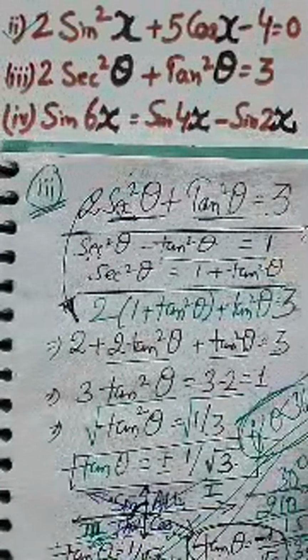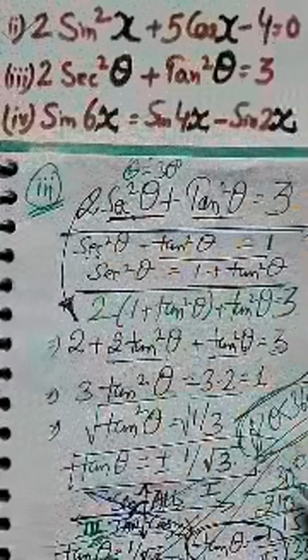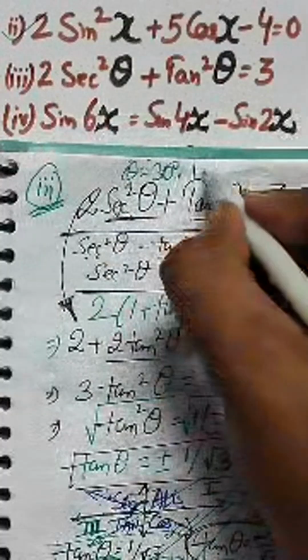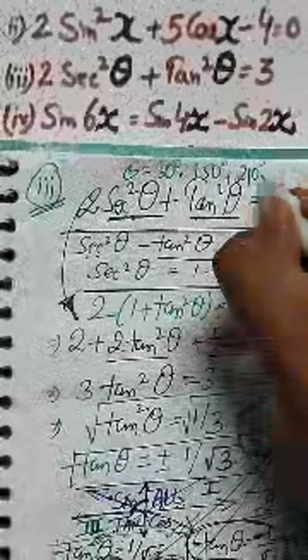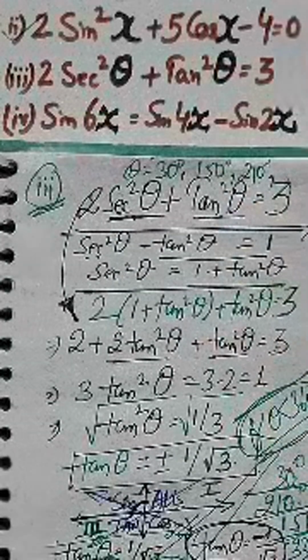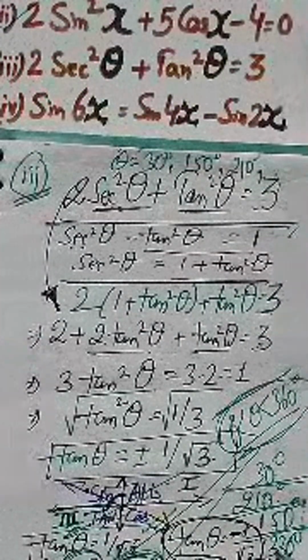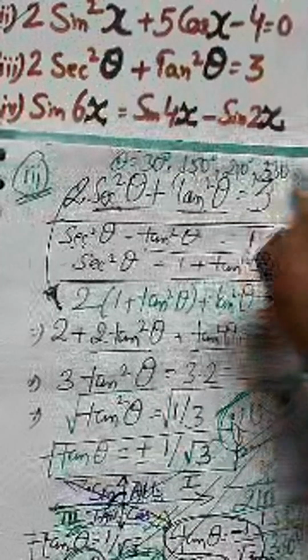So the four solutions of the third question is theta equal to 30 degree, and then write 150 degree, then write 210 degree, then the fourth one is, here you can see this one, that is 330 degree.